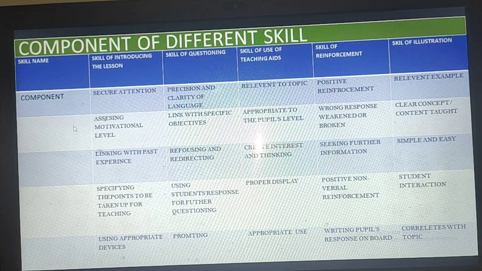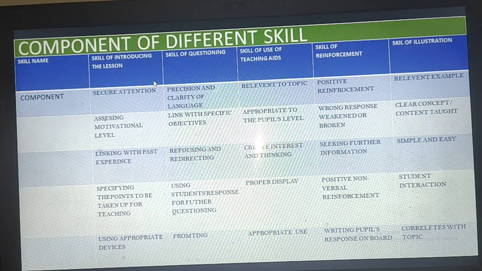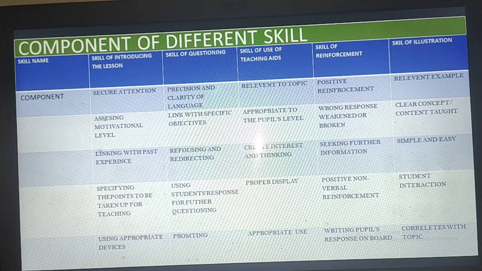There are 5 skills: skill of introducing the lesson, skill of questioning, skill of using teaching aids, skill of reinforcement, and skill of illustration.